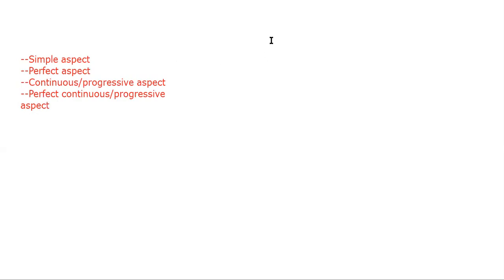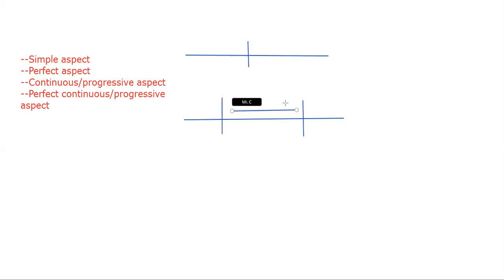So the simple aspect is used when you want to talk about actions that take place at a single point in time, like this. The perfect aspect is used when you want to talk about actions that started from one point in time and lead up to another point in time. And they could be past, present, or future. It doesn't matter.